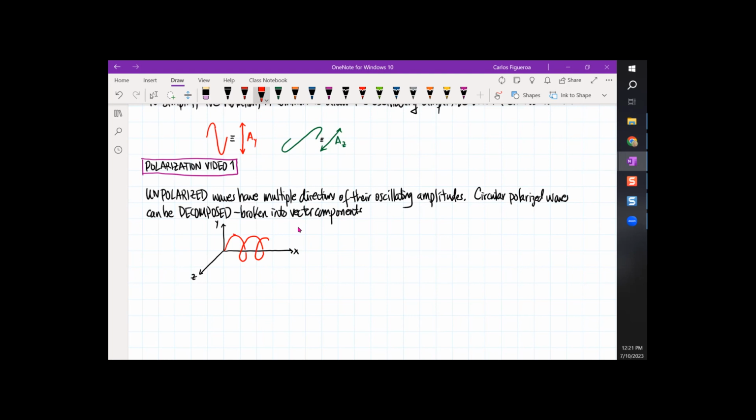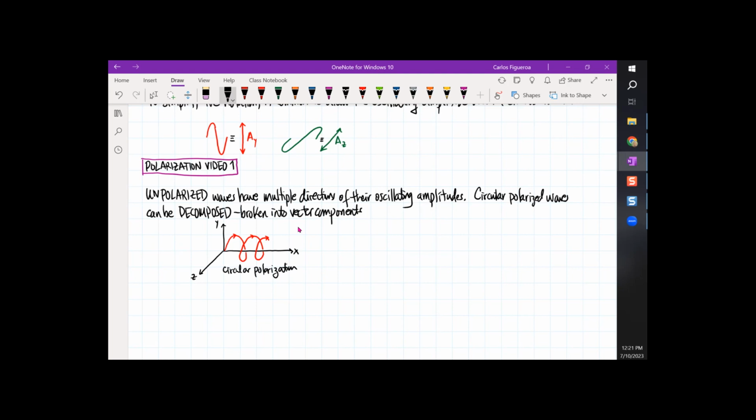So what you're seeing here is that that is the direction of the wave. And here, this is called circular polarization. Even though I said unpolarized, you'll see what I mean by that in a moment.